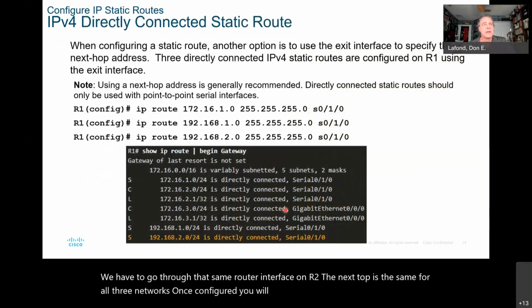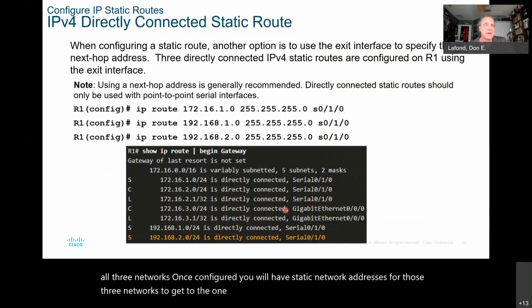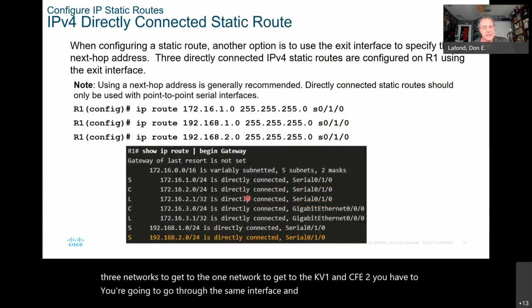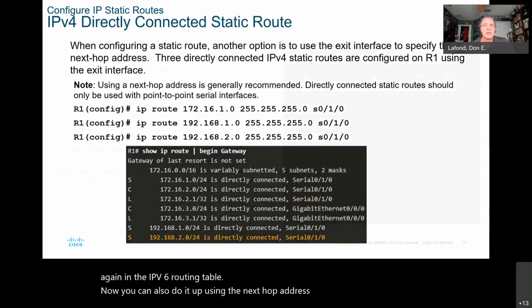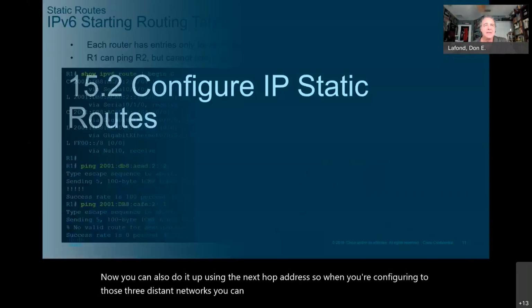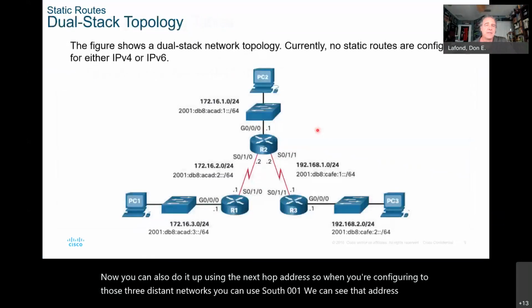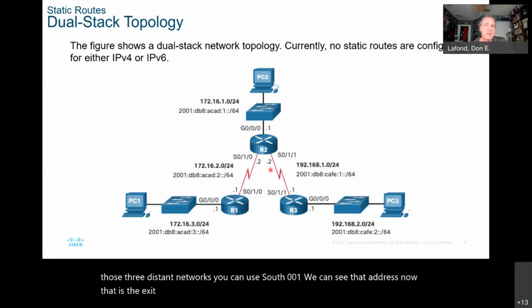Now, you can also do it using the exit interface. So when you're configuring to those three distant networks, you can use S0/0/0. We can see that address. Now, that is the exit interface. If you go back to this network, it makes sense.